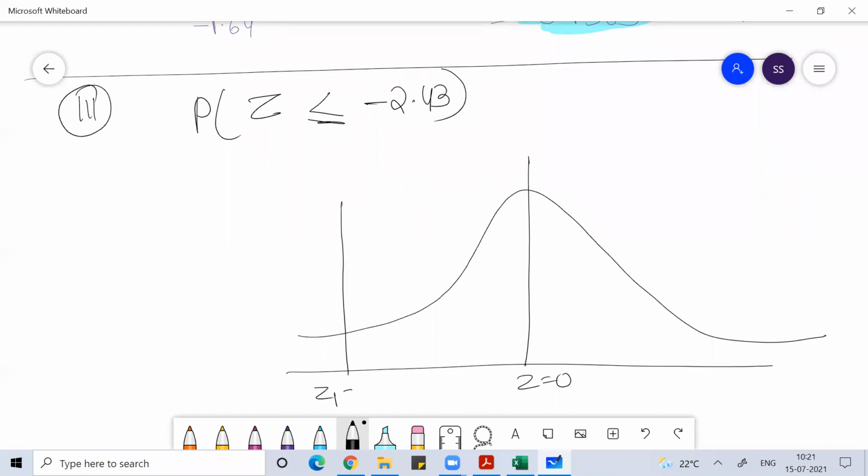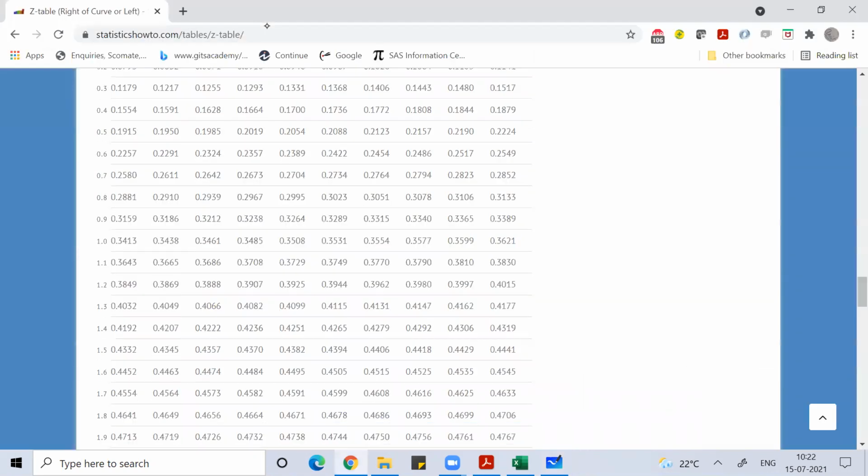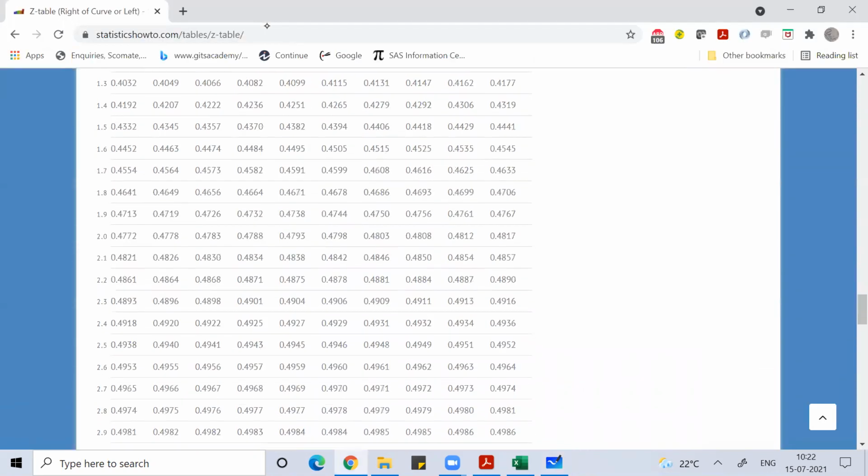Here your Z1 is equal to 2.43, and you want Z values lesser than or equal to it.